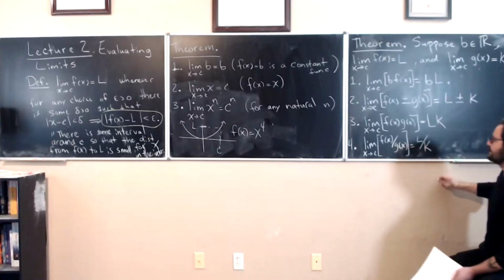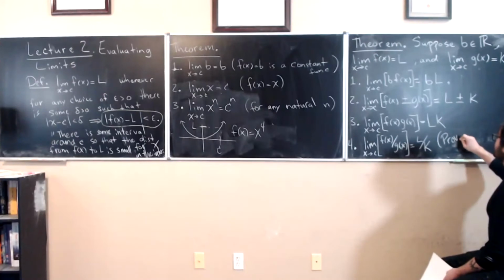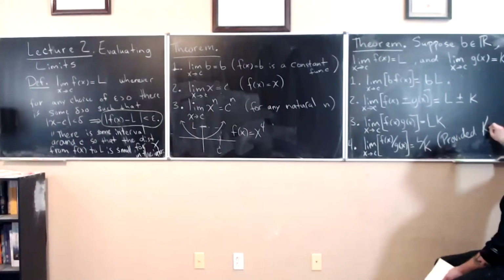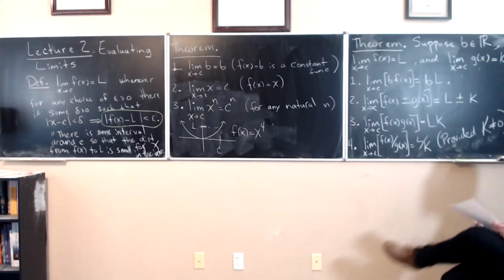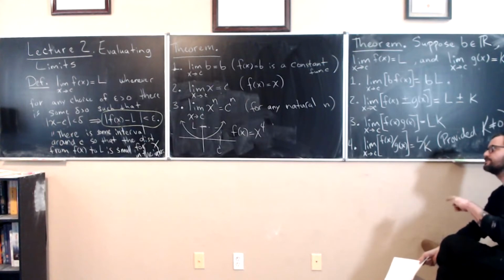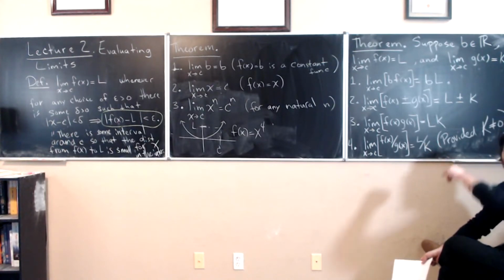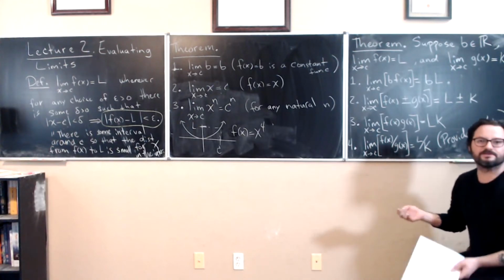So there's an extra condition here saying provided k is not equal to 0. It's really important to note that you can only evaluate the limit of a ratio as the ratio of limits when the denominator limiting value is non-zero.